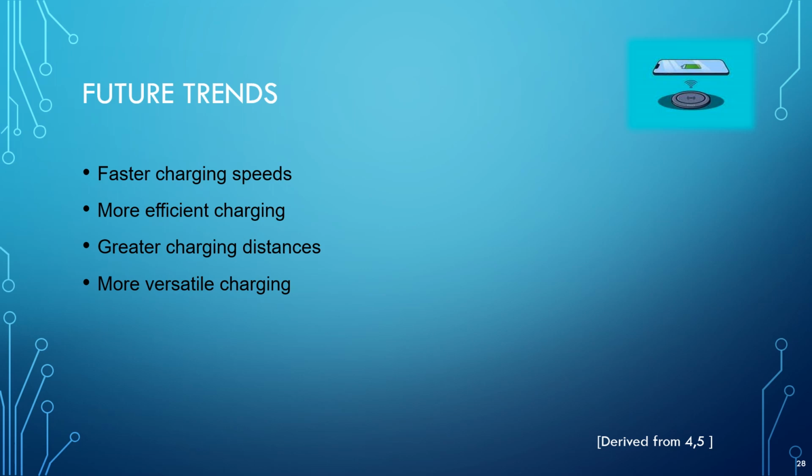The maximum distance that can be charged using the wireless charging technique is up to 4 centimeters in mobile phones. We can extend the distance by doing research in this field. Next is more versatile charging.